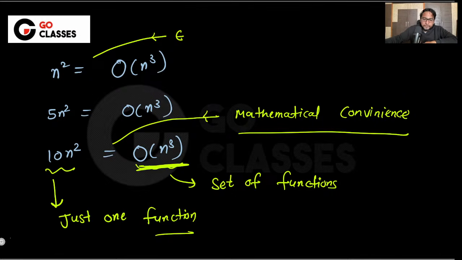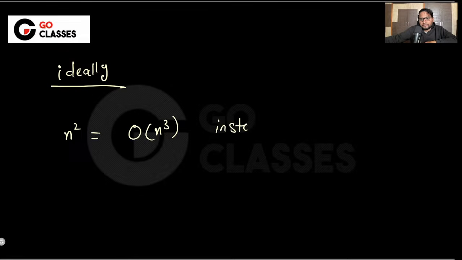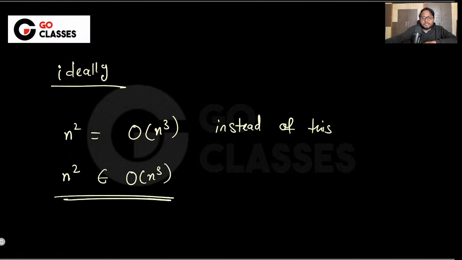It is a mathematical convenience. Otherwise, it is belongs to. Ideally, instead of writing order of n cube on the right as an equality, we should write n square belongs to order of n cube. We should write this, but the equals notation is also okay. Just for our convenience, we are writing it. Is this okay to everyone?